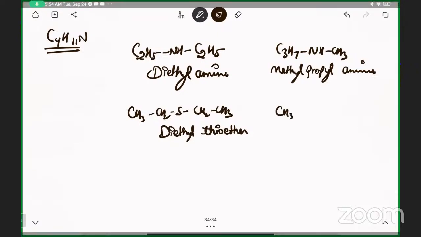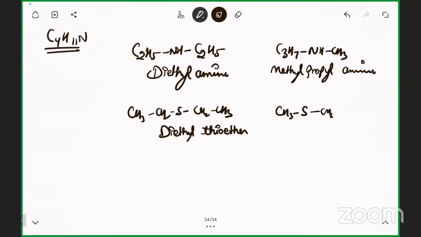It can be like CH3SCH2CH2CH3. The name will be methyl propyl thioether. Okay, so you can see both examples have the same molecular formula.